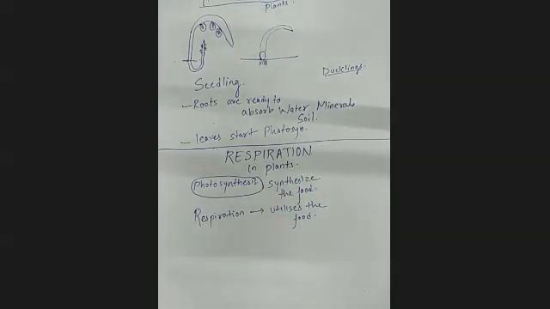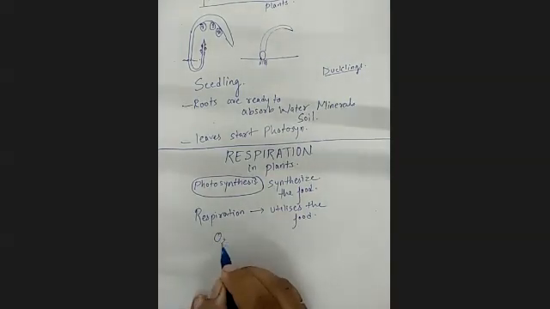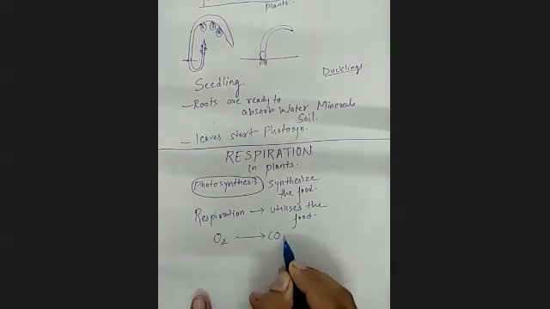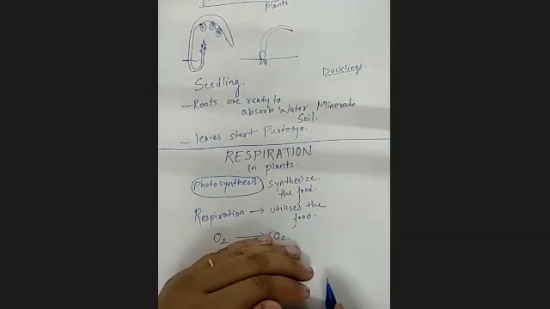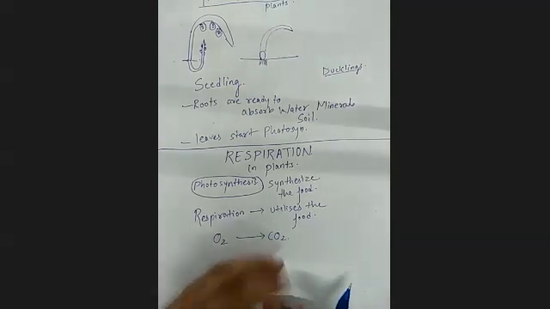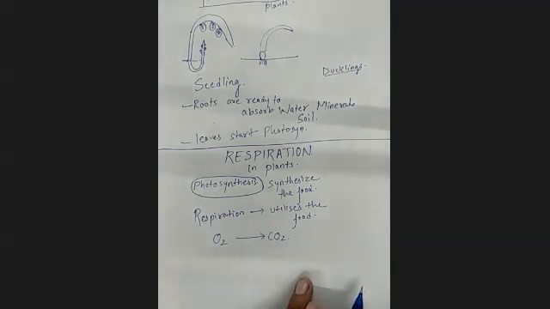Now as we respire, we require oxygen and we release CO2. The same thing plants also do when they respire. Till now you have understood that the plant utilizes CO2 and releases oxygen. You have studied this from the day you started photosynthesis.